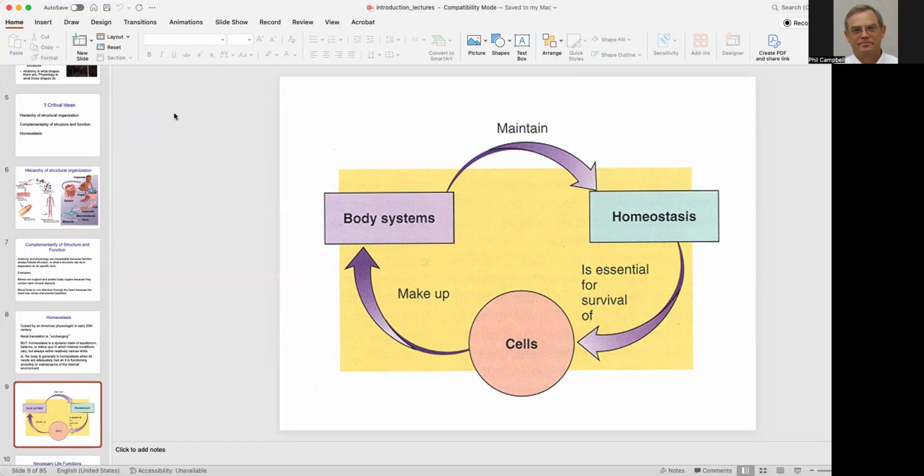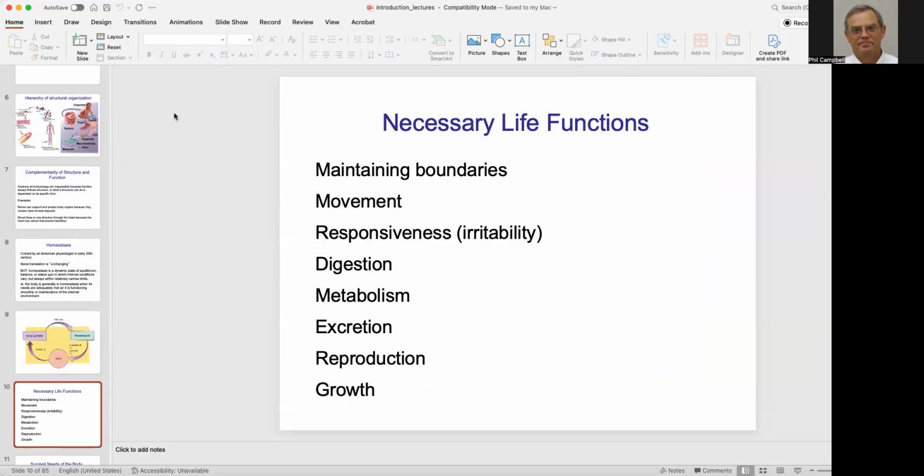And why is that? In order to maintain homeostasis of various variables that are life critical for you. So we have cells, they make body systems. These body systems enable homeostasis, and that allows for the continuation of living of these cells, and i.e., you continue to survive. Right? So let's kind of take a break here.